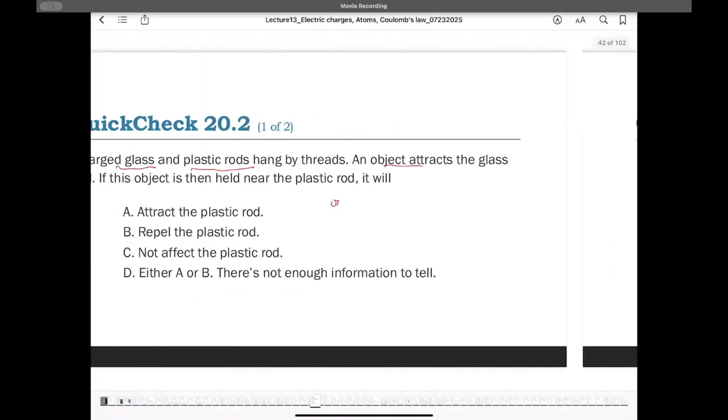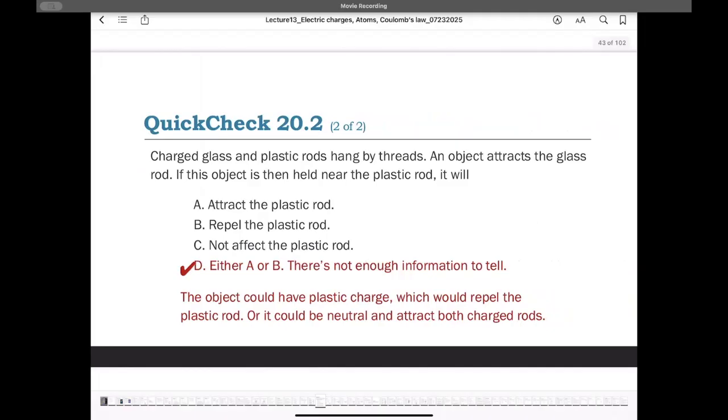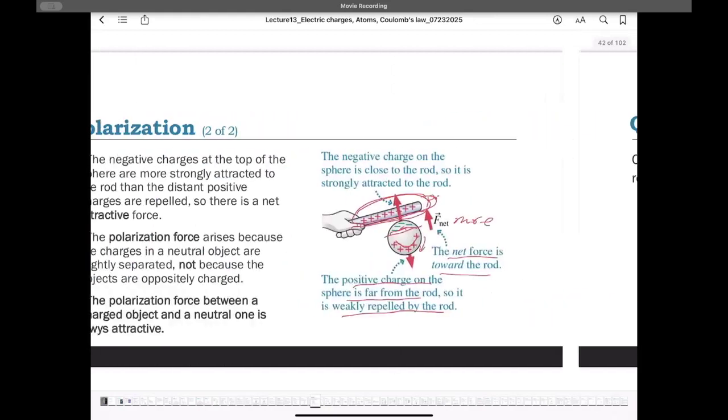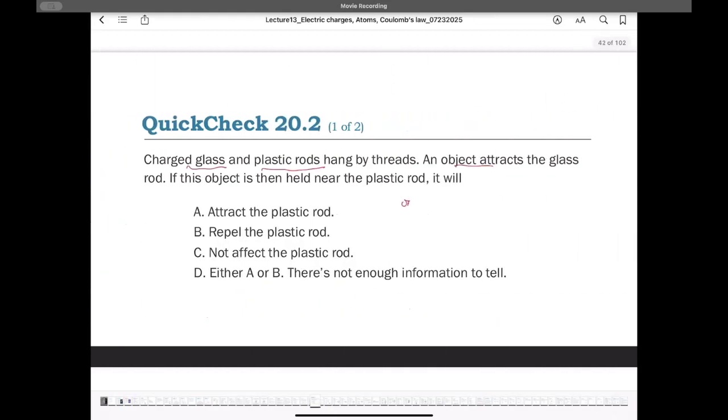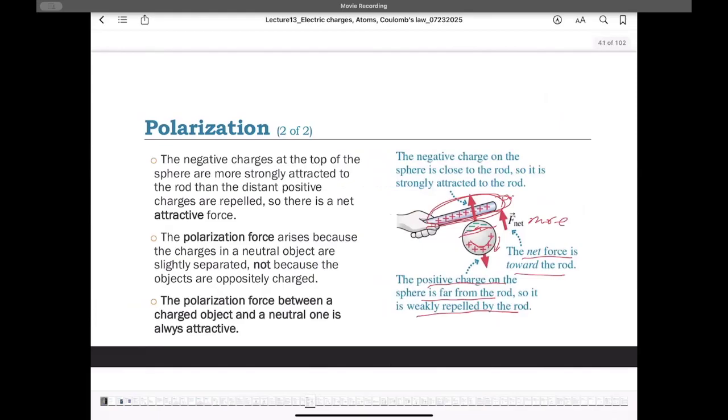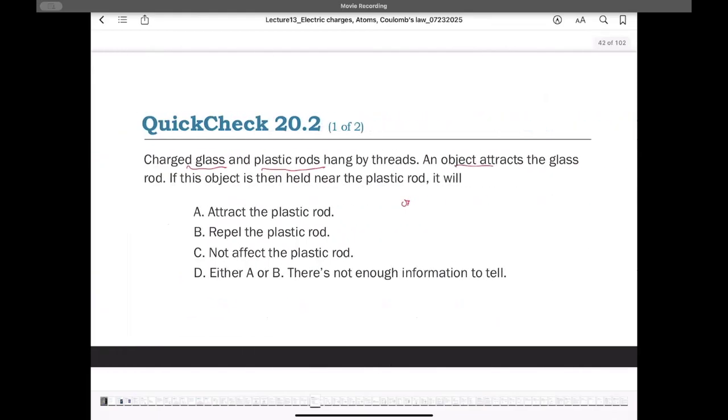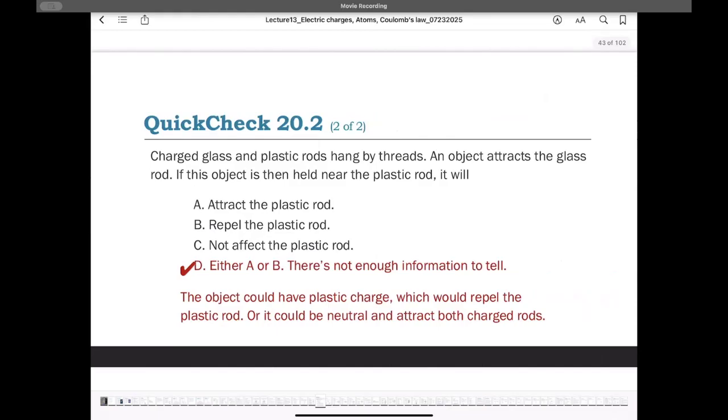Even this, we cannot tell. The answer is either A or B. There is not enough information to tell. The object could have plastic charge, which would repel the plastic rod, or it could be neutral and attract both charged rods. Does it make sense to you? If this is a neutral object, it can attract the glass or attract the plastic.